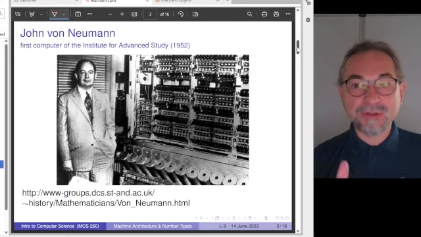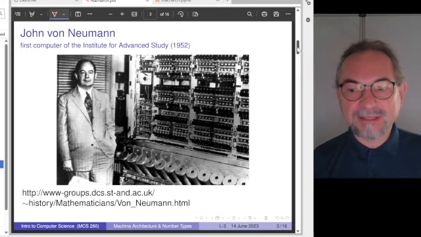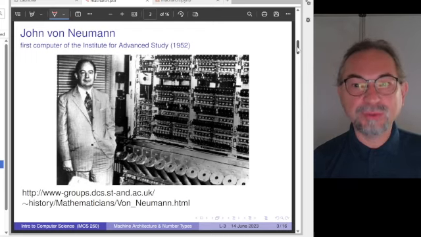The computer was built in the 40s, actually, and was also a result of the war effort. It's not the very first computer. It's the first computer at the Institute for Advanced Study. But at that time, using a computer meant something different from what we mean now.